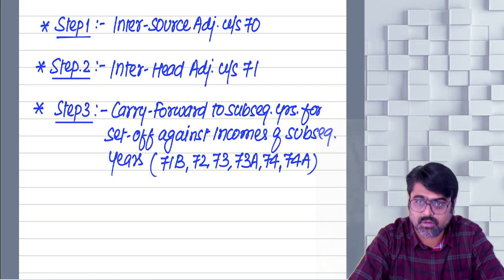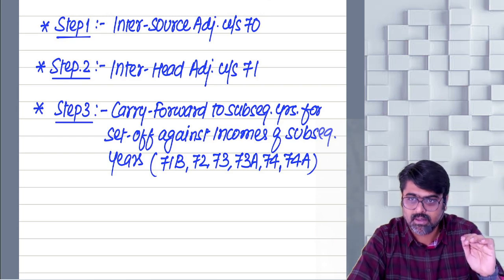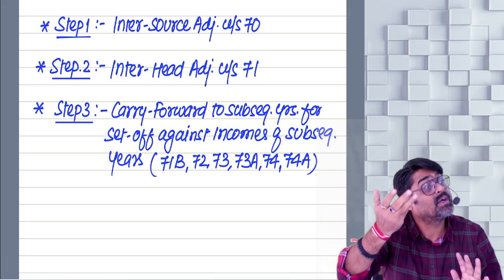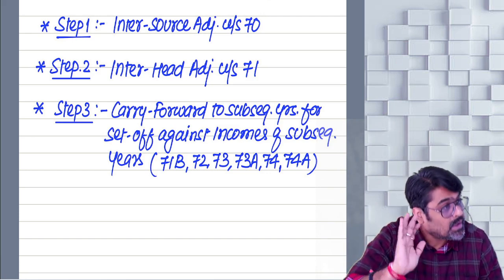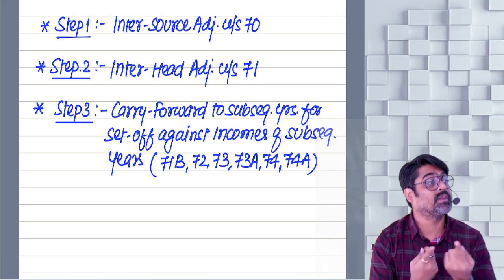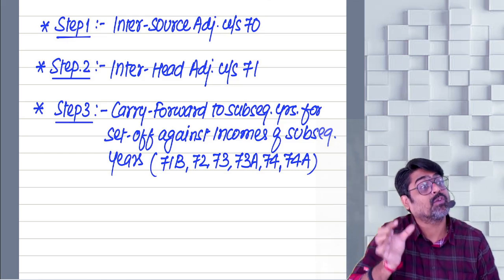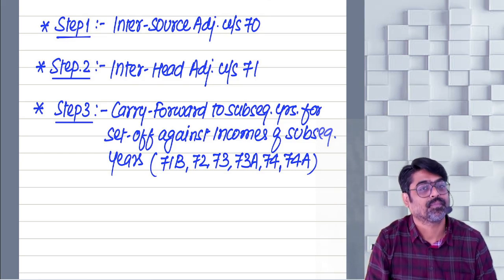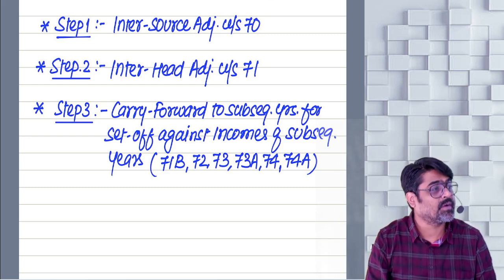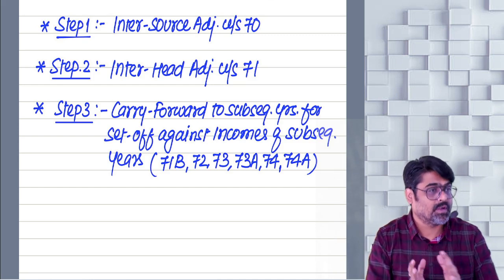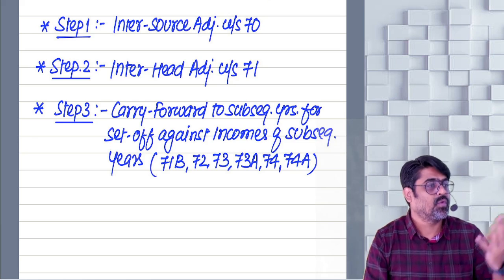So if there is a loss of any source of income, that loss will be set off within the head against the income of any other source. But it will happen within the head. So first the loss is calculated at source level. Source level means there are many sources of income. All those sources are classified under 5 heads of income. Now under the head house property, 4 house properties are there.